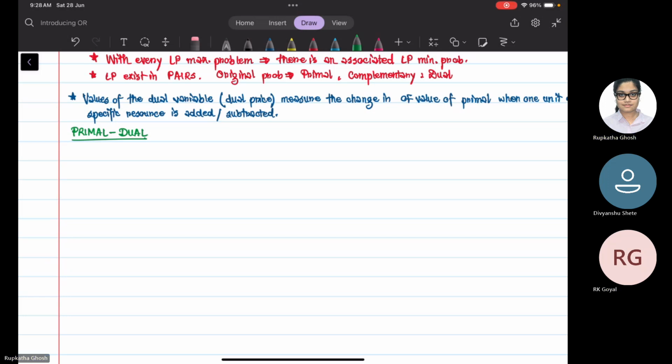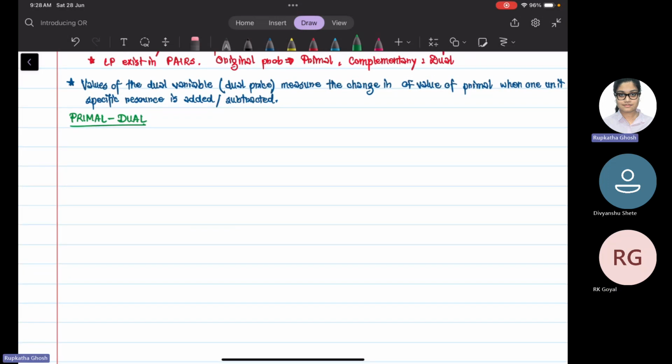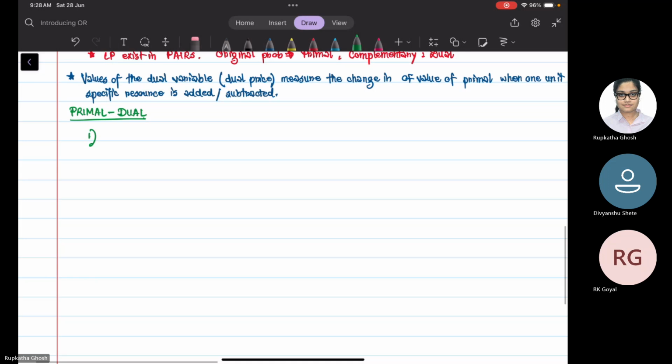Right. So some things to notice first. There is a dual variable for every primal constraint. Always.